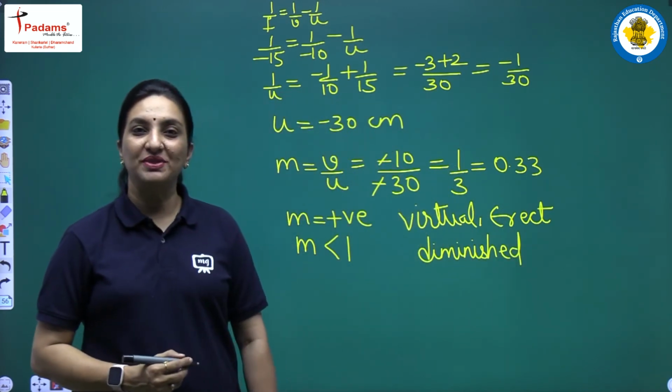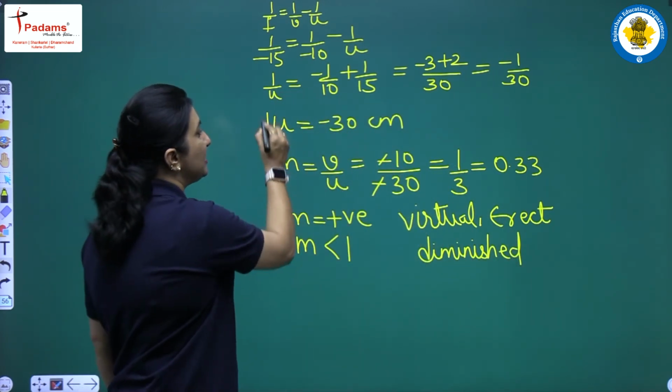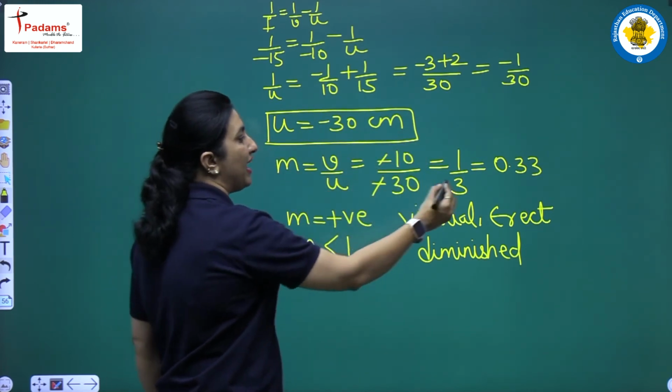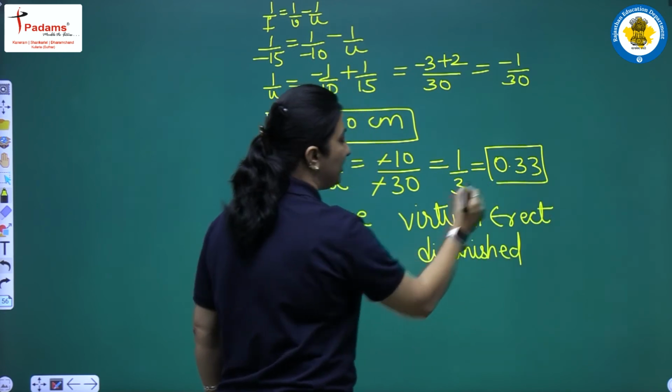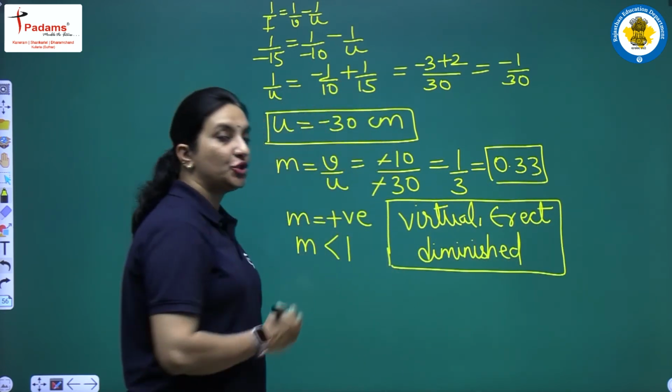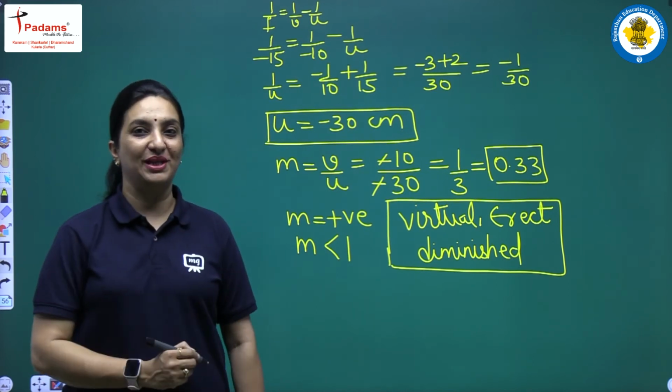So this is the solution: U is equal to minus 30 centimeters and the value of M is 0.33, and the inference drawn is that we are going to get a virtual, erect and diminished image.